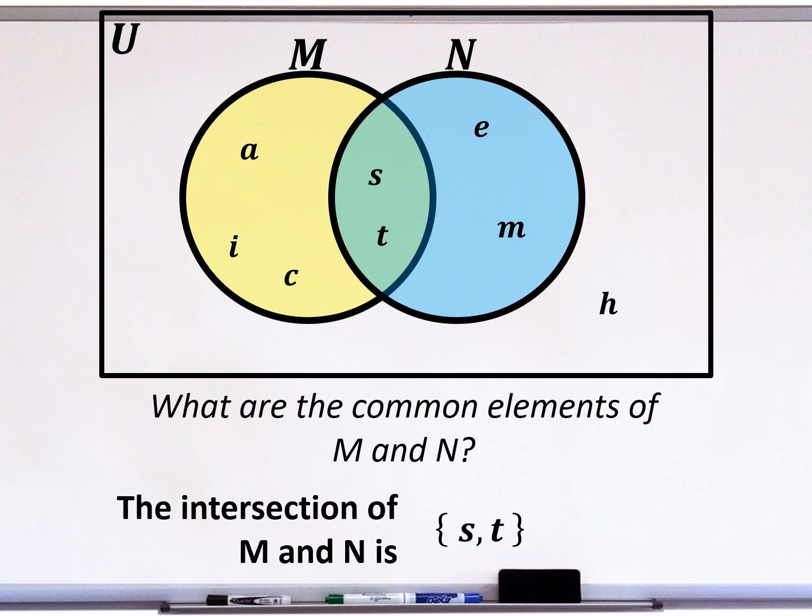Okay? When we say intersection, the symbol for the intersection is an upside down U, and the upside down U is in between the two given sets. So therefore, the intersection of sets M and N is S and T. So that is our answer.